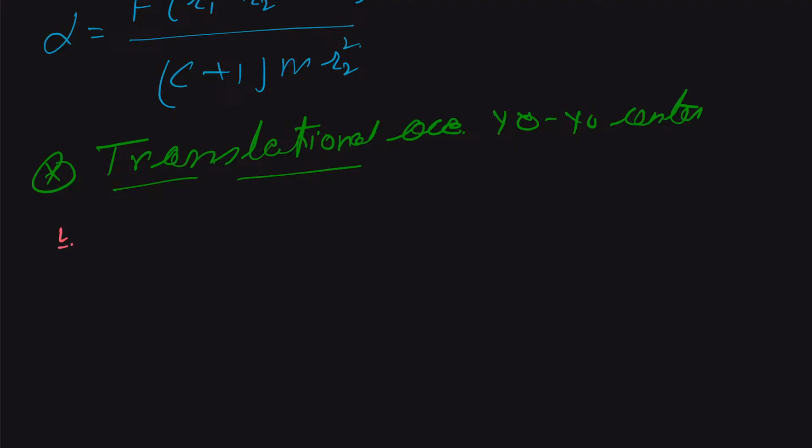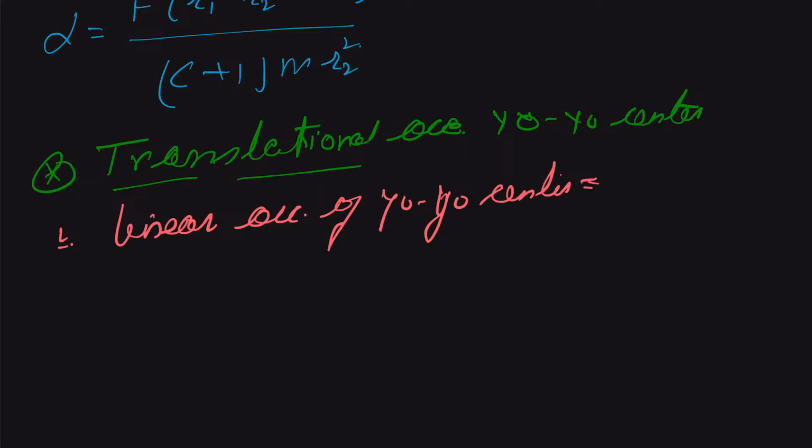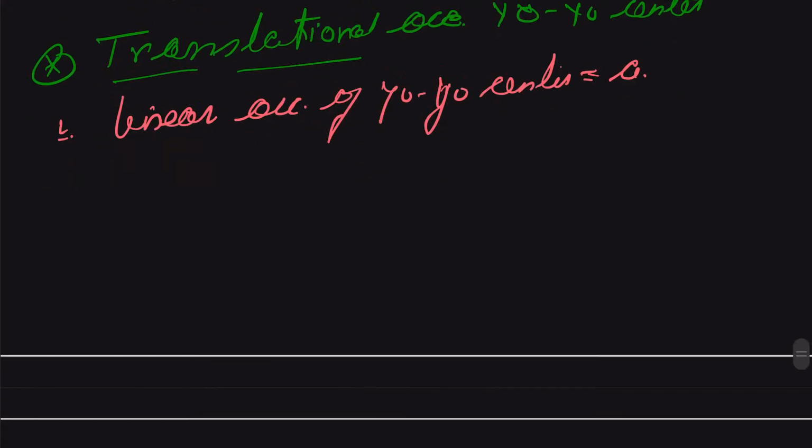If A is the linear acceleration of the yo-yo center, then we can write the equation F cos of theta minus the frictional force is equal to m times A.